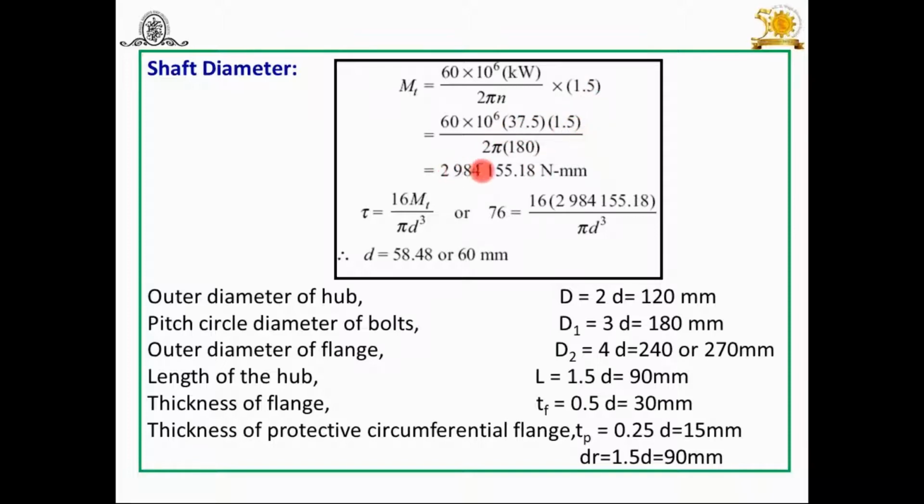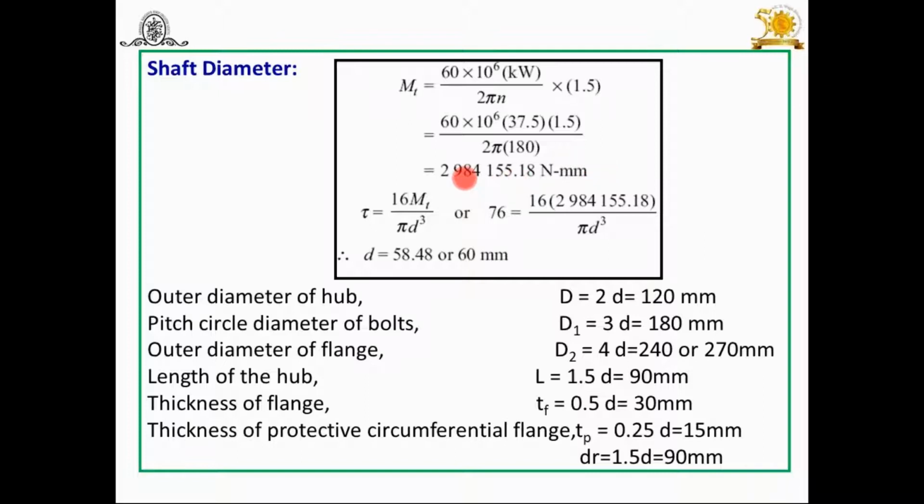Directly here it is multiplied, which means you will get the design torque. So by using power is equal to 2 pi n Mt upon 60, you will get the torque. Again multiply that torque by 1.5, you will get the design torque. Try to understand.